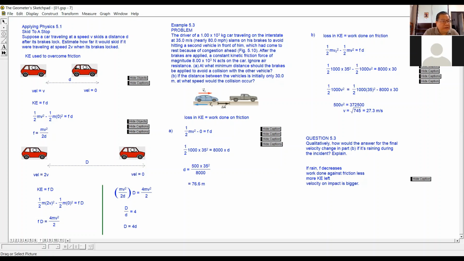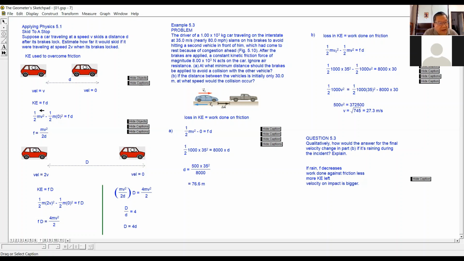Looking at the first case, all the kinetic energy possessed by the car is used up to overcome the friction. What is the kinetic energy the car possesses? It is half mv squared. Finally, it comes to a rest, so half m times 0 squared, because the final velocity is 0.